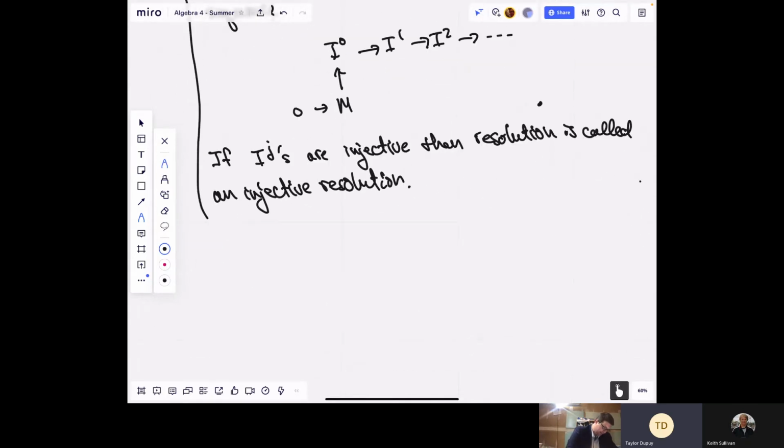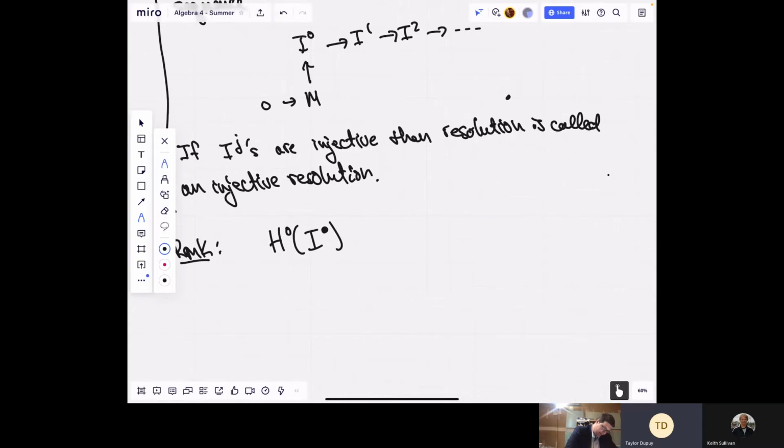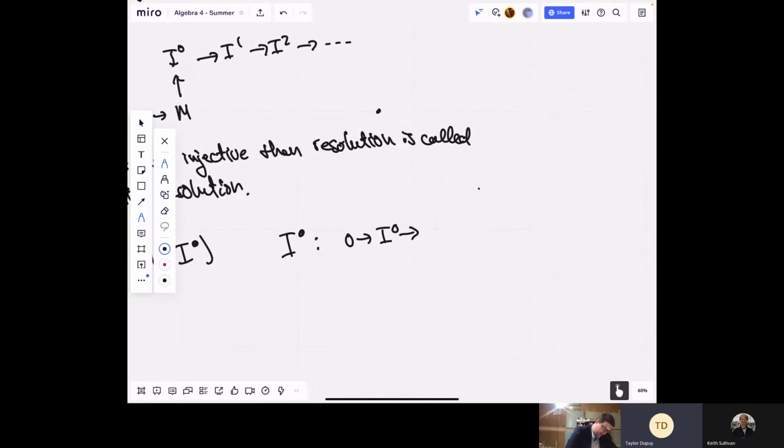So if we view, the same remark holds. Okay, so H0 of the complex here, where this complex we're viewing as 0, I0, ... So it's almost an exact sequence. This is not an exact sequence. It's exact away from degree 0.